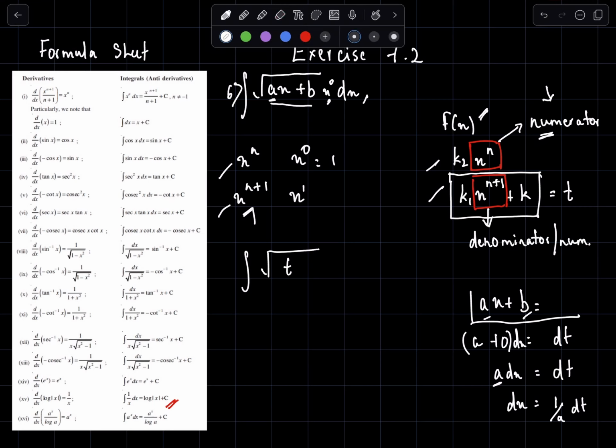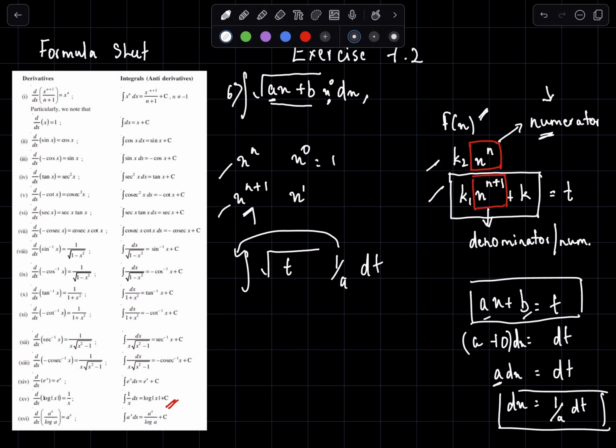And this is your dx. These are the substituting values, right? So root t times 1 by a dt. So 1 by a is a constant. Bring it out. 1 by a integral of t to the power half dt.